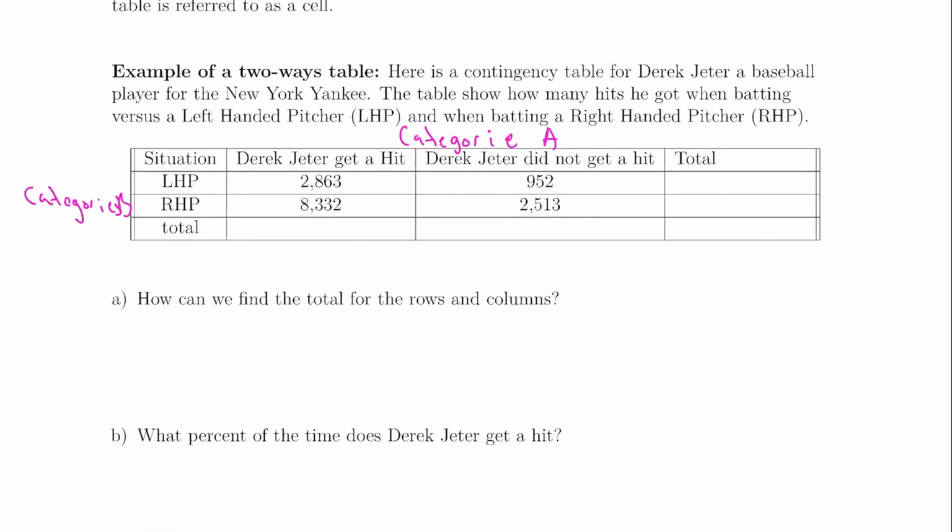Right. So let's do part A. Part A says, how can we find the total for the row and for the column? So if I want to find the total for Derek Jeter getting a hit, how can I find the total of that?